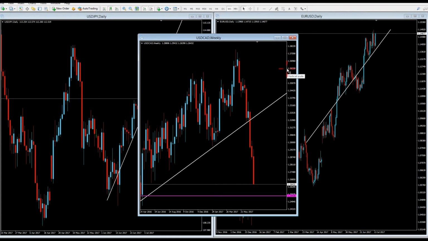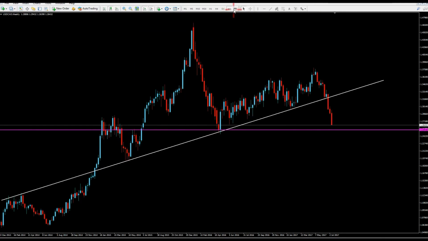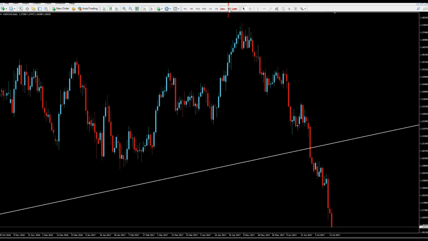So let's start with major trend lines. That's how I usually start analyzing the charts. The major trend lines find a strong target. In this case, the asset was moving up with a very strong trend line on the weekly time frame.